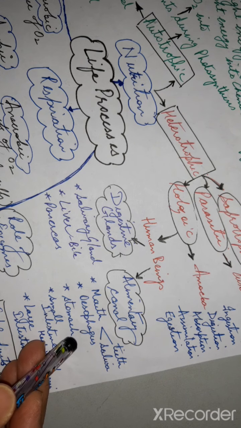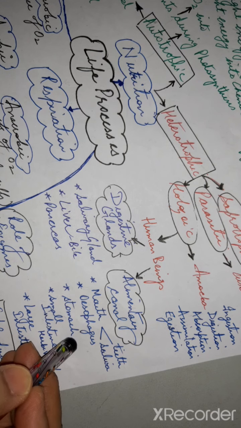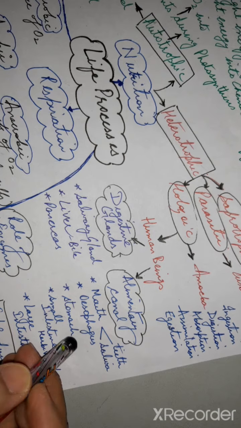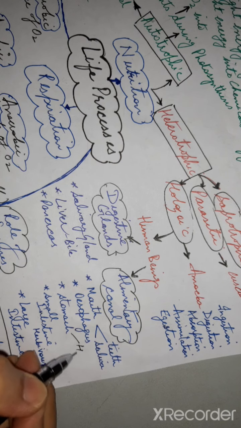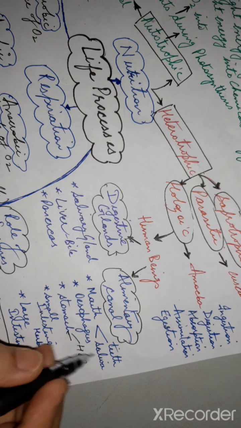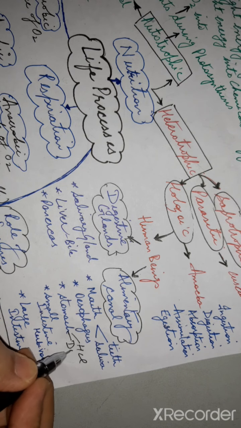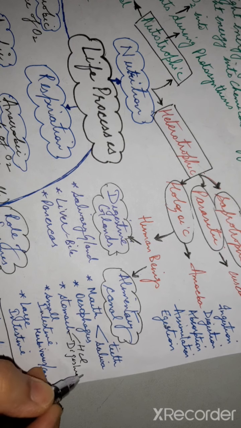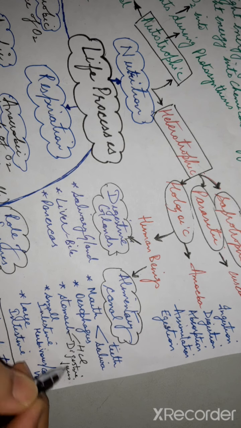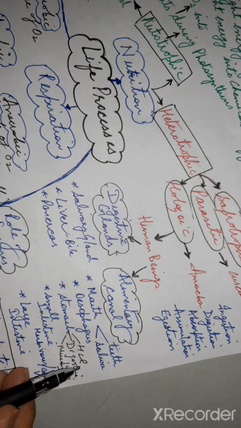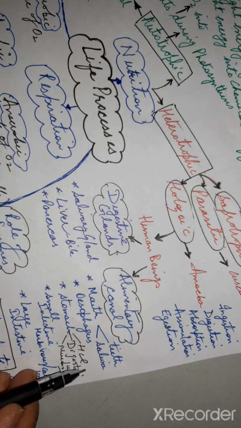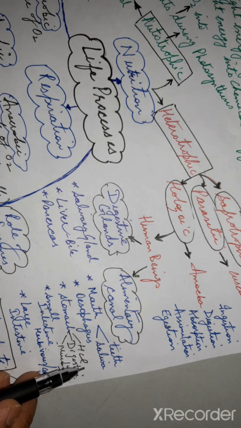And stomach, there are three things which are released by stomach. One is hydrochloric acid. Second is digestive juices. And third is mucus. Now HCl, what is the role of HCl? It kills the microorganisms which enter into the stomach along with the food.